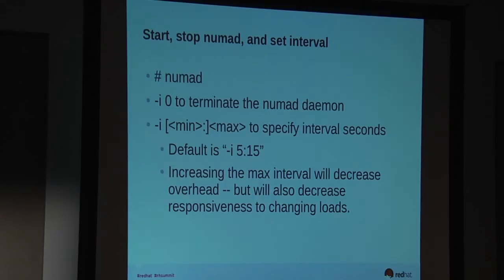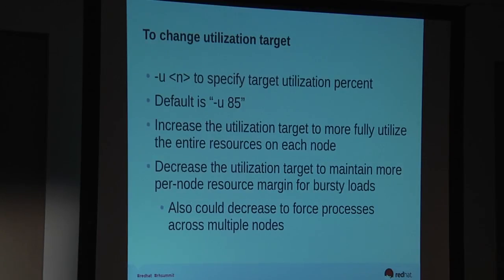Okay, to start numad, you just type numad, and it starts running in the background, monitoring resources and scanning processes. And you can stop it from running by saying numad -i 0, and you're effectively setting the interval that it scans things to 0, and that'll terminate numad. Another option is to specify a utilization target.